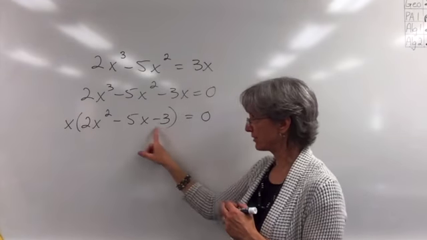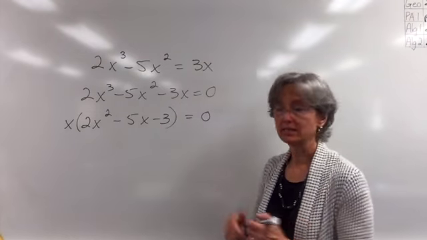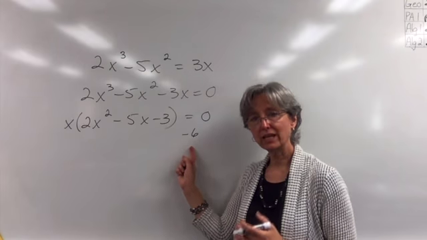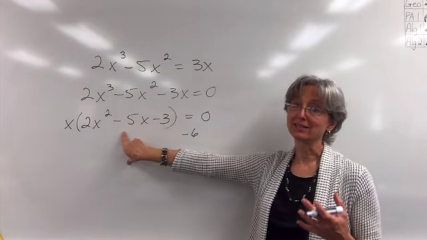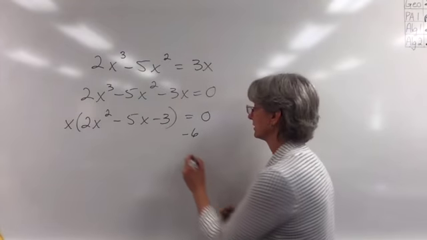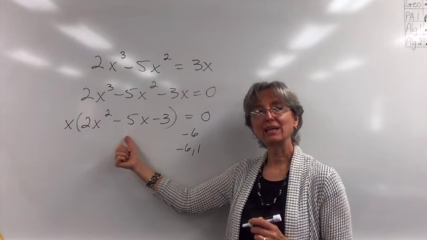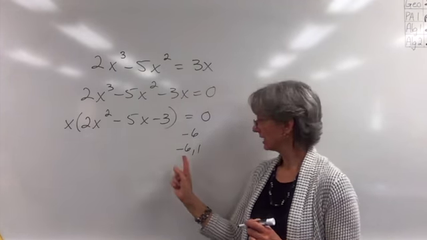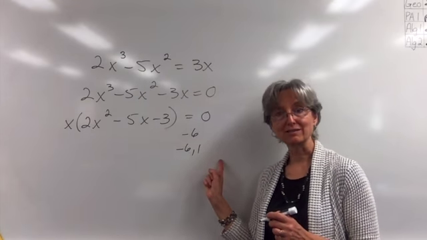So remember, our first step here is to multiply 2 times -3. That's -6. And now I'm going to look for factors of -6 that add up to -5, and it's -6 and +1. So -6 and 1 are my two factors, and I am going to rewrite this now, and I'm going to split this middle term into two terms, -6x plus 1x.